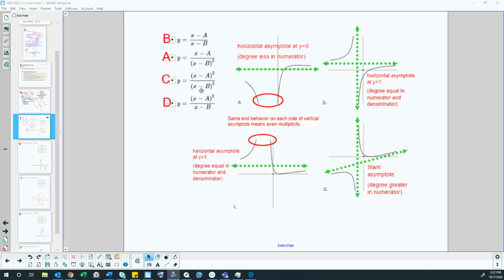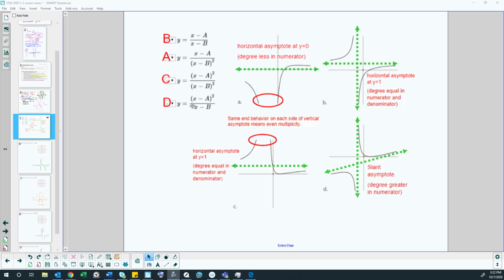The degree on the top is 2, the degree on the bottom is 2, so the degrees are the same, and the horizontal asymptote is the leading coefficients, which again is 1 divided by 1, so our horizontal asymptote is at 1. But because we have that squared in the denominator, the pieces of our graph around the asymptote are going the same direction. And because of the multiplicity in the numerator, we've got it touching the x-axis.